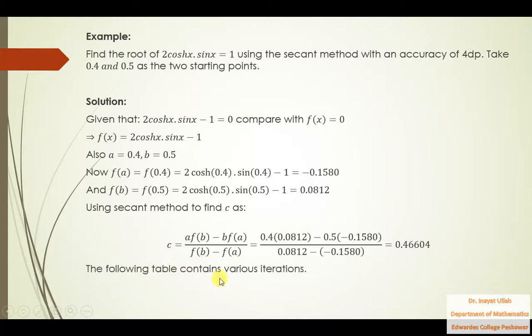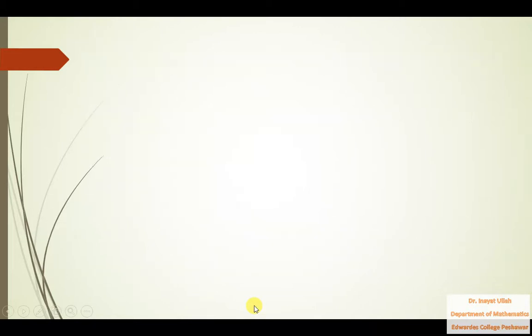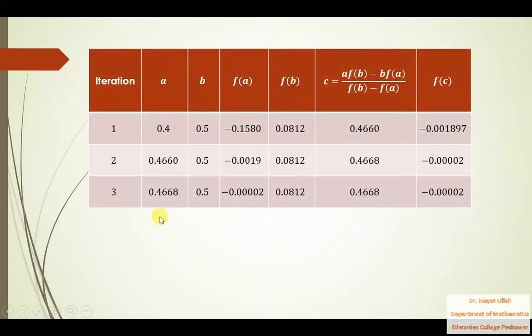Now in that manner we will construct a table for various iterations. This column represents the number of iterations. This is for a, this is for b, f of a, f of b. Remember: a, b, then f of a, then f of b. After that we will calculate c.